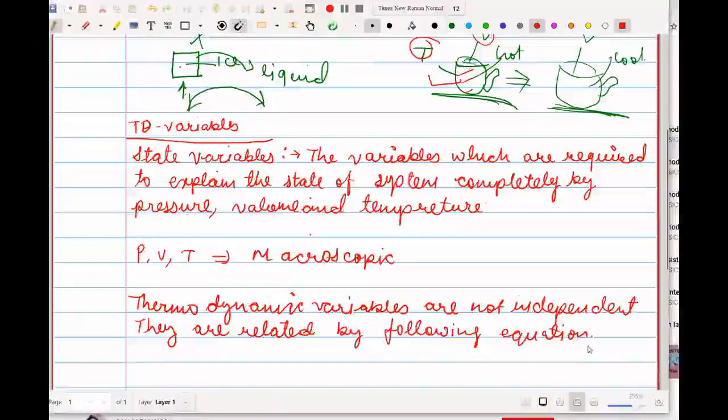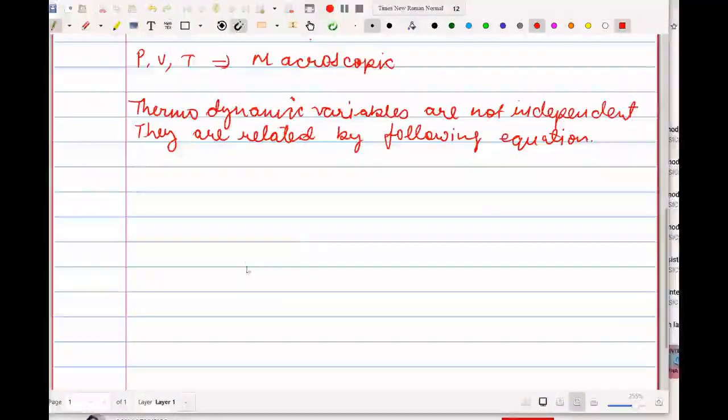What is that equation? That is f of P, V, T, where P means pressure, V means volume, and T means temperature.